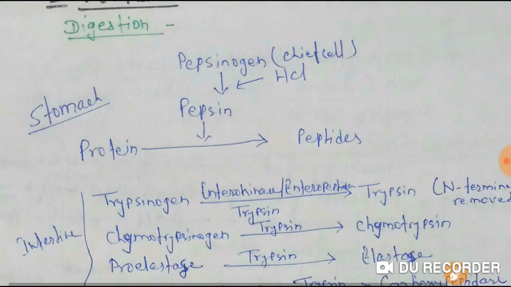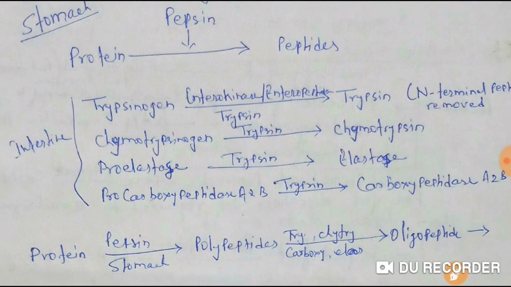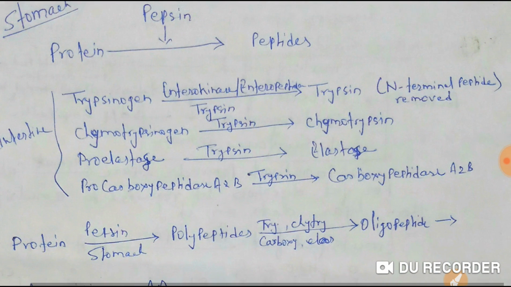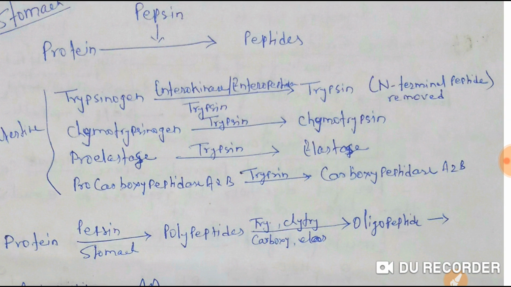Here the most important thing in the intestine is trypsinogen, secreted in the inactive form. This is converted to the active form, trypsin, by enterokinase or enteropeptidase, and also trypsin activates trypsinogen.